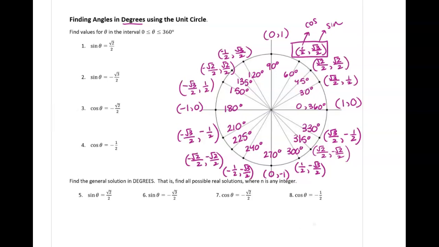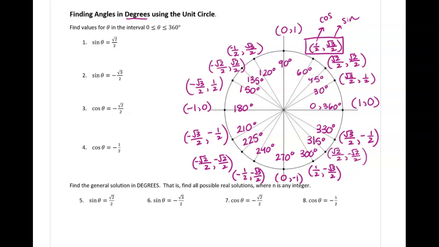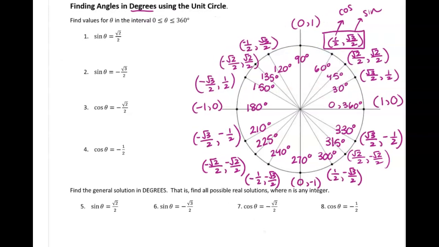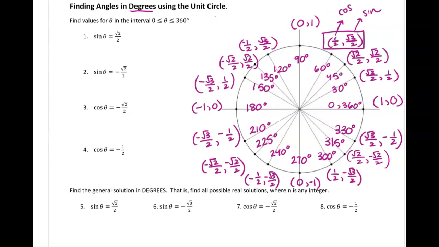So now let's get into the purpose of the lesson here. We're finding inverse values. As we've talked about a couple times even today, cosine is x, sine is y. So if we're looking for when the sine of theta is root 2 over 2, we're looking for a y value.